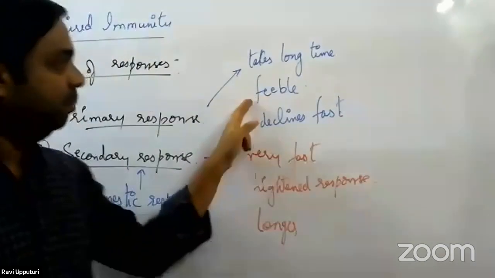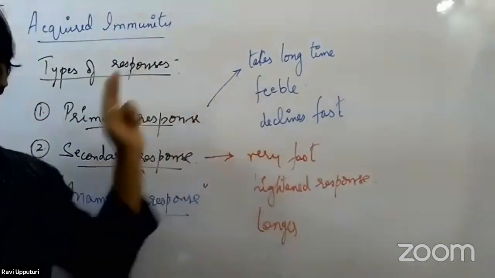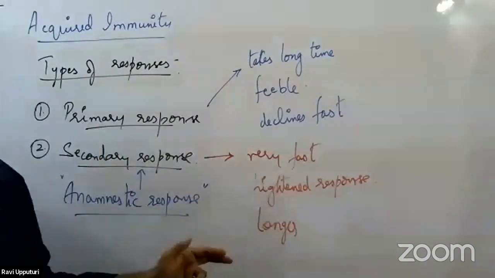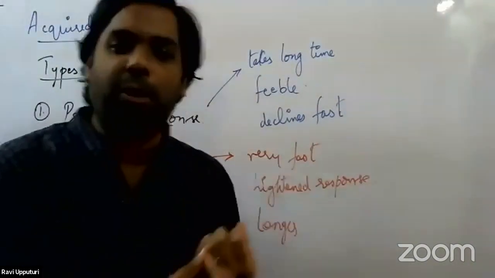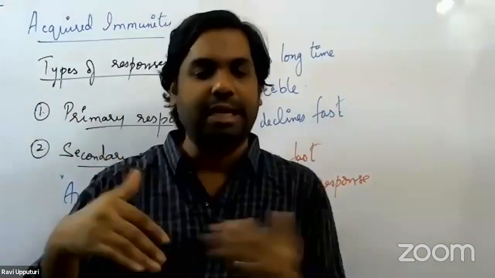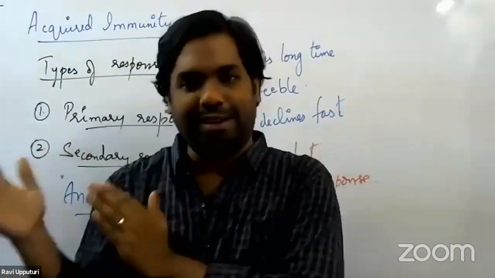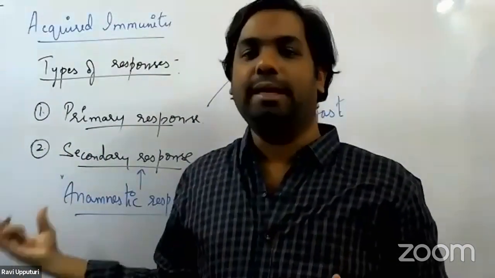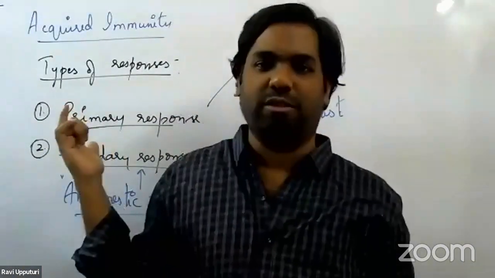It is said to be feeble, weak, and it declines fast. Whereas the secondary immune response is very fast, a heightened immune response, and it usually retains for a long period of time. And the reason why once we get a disease a second time, we do not get it throughout our lifetime is this secondary immune response or the anamnestic immune response.